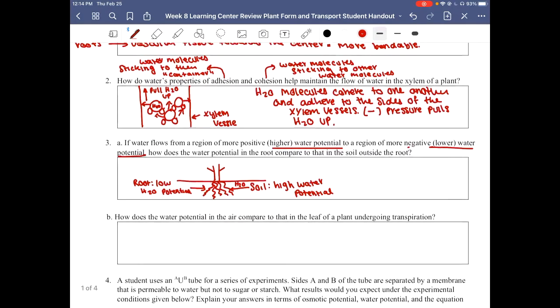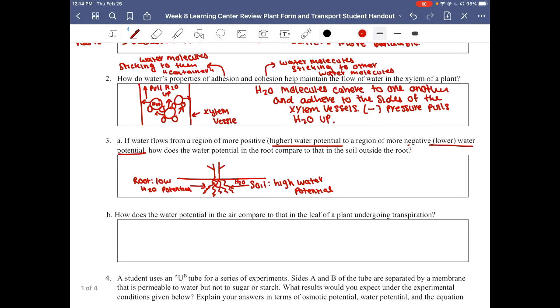Okay, and then another similar question. What do we think about the water potential in the air compared to that in the leaves of the plant undergoing transpiration?